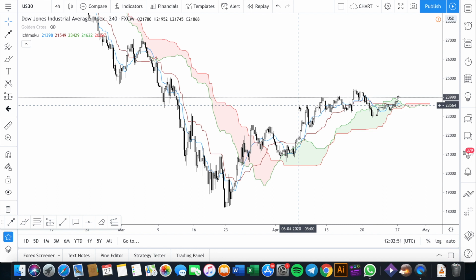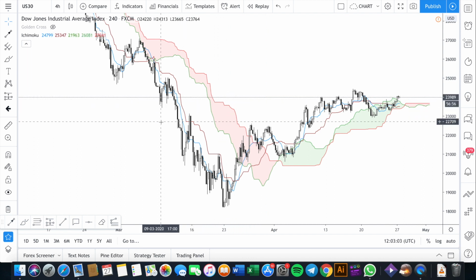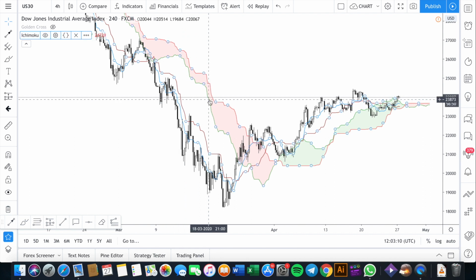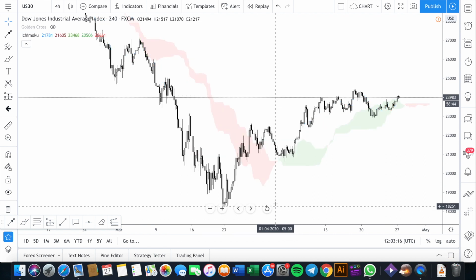And this Japanese indicator was made by a Japanese journalist named Ichimoku Sanjin, also known as Goichi Hosoda, who released it publicly after decades of perfecting it, which is really a good indicator I could recommend for you guys.